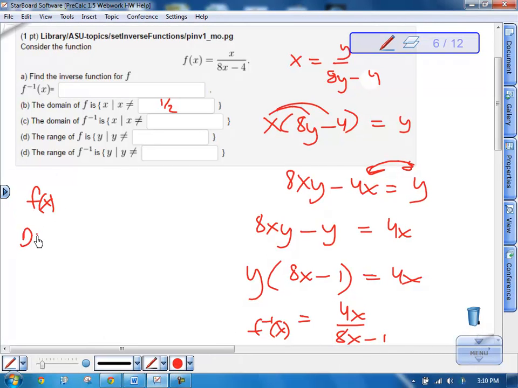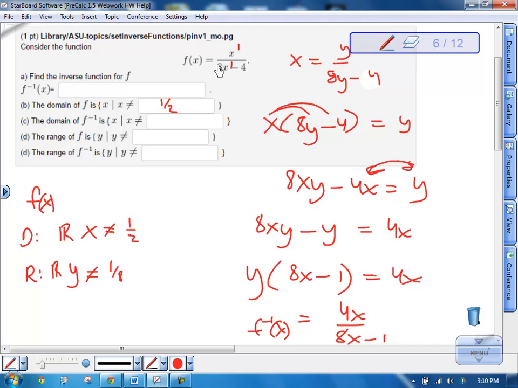The range for f is all real numbers except it has a horizontal asymptote at 1/8. So y cannot be equal to 1/8. It's all real numbers except y can't be equal to 1/8. That's on our formula sheet because the exponent is 1 in the top and bottom.